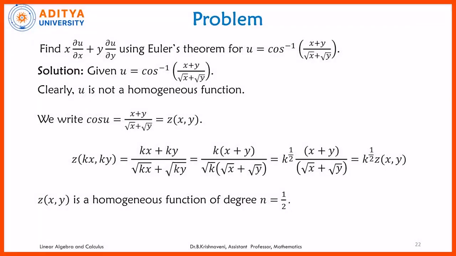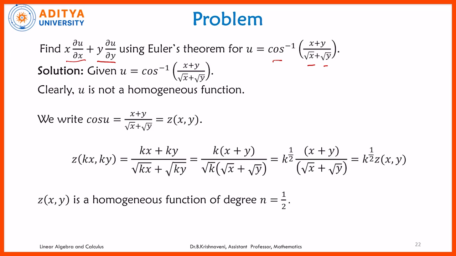The next question is, you have to calculate x ∂u/∂x + y ∂u/∂y using Euler's theorem for u = cos⁻¹((x + y)/(√x + √y)). So, now take the given function u = cos⁻¹((x + y)/(√x + √y)).